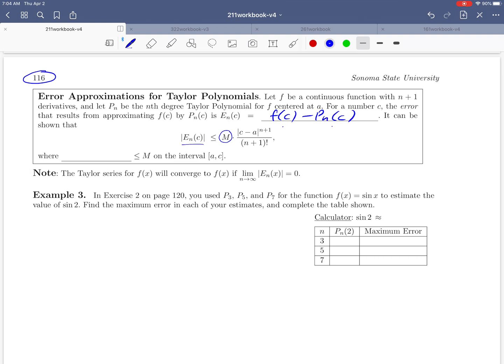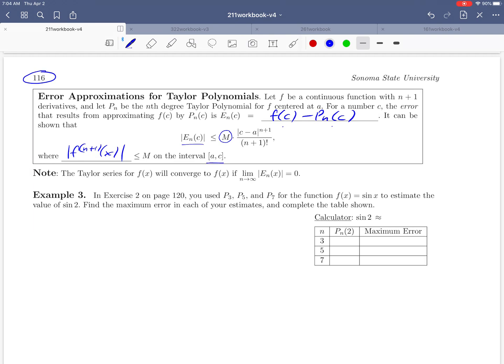Okay, well, M turns out has something to do with the n plus first derivative of our function, and in particular, if we continue this statement down here, M is like an upper bound on the values that we could get out of the n plus first derivative of our function.